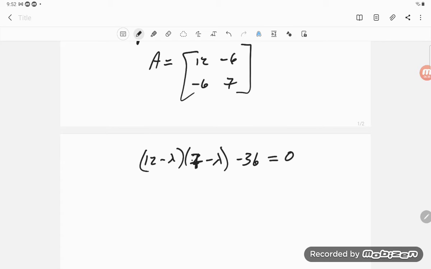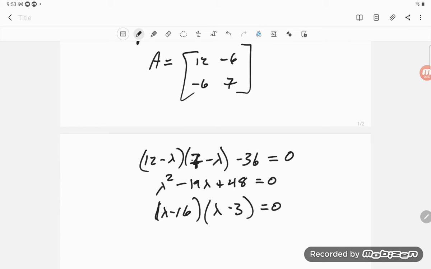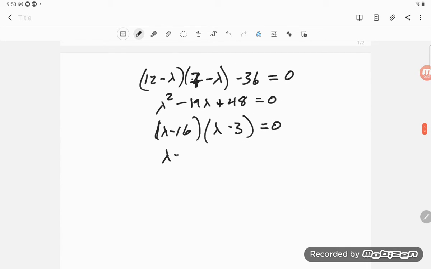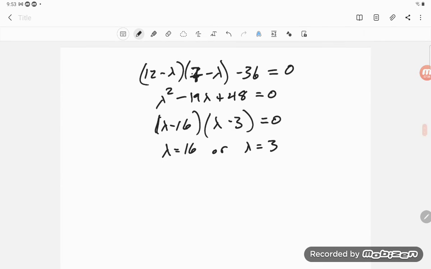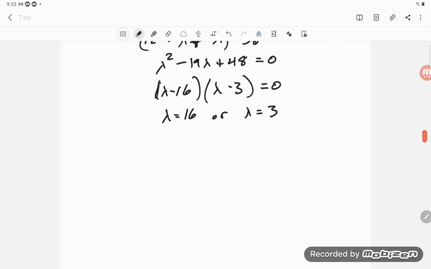We set that equal to 0. They tell us that's lambda squared minus 19 lambda plus 48 is equal to 0. And so they can factor that as lambda minus 16 and lambda minus 3 equals 0. So lambda is 16, or lambda is 3. So there are our two eigenvalues, and so they are distinct.